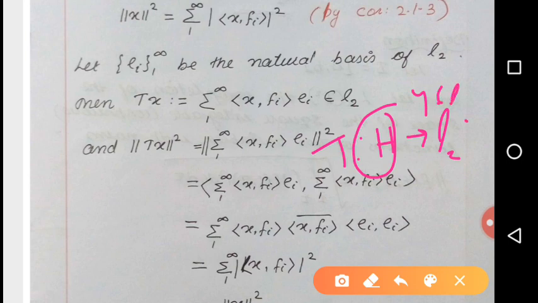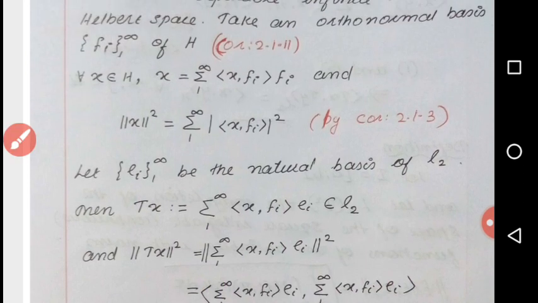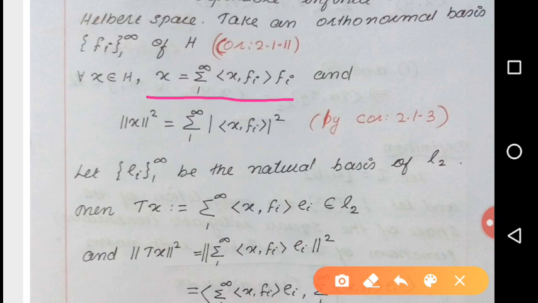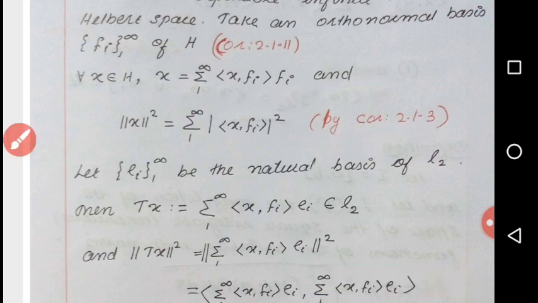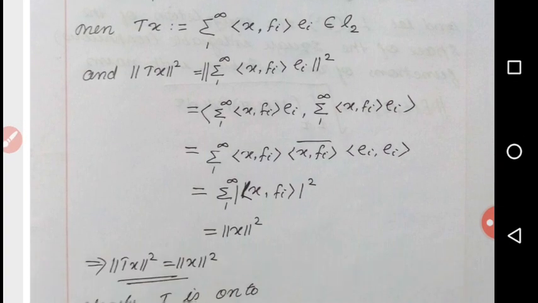So if y belongs to L2, let y be Tx such that y is equal to the sum from 1 to infinity of ⟨x, fi⟩ ei, and if we choose in such a way that T fi is equal to ei, we can find x as the sum from 1 to infinity of ⟨x, fi⟩ fi belonging to capital H such that T of x is equal to y. Therefore, clearly by the definition of T itself, we can prove that T is onto.